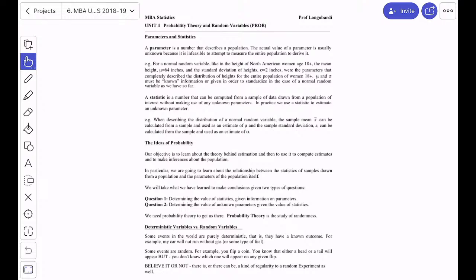We're going to start building the bridge. I'm going to teach you probability theory, or we're going to strengthen the bridge. And we're going to use probability theory to do that.